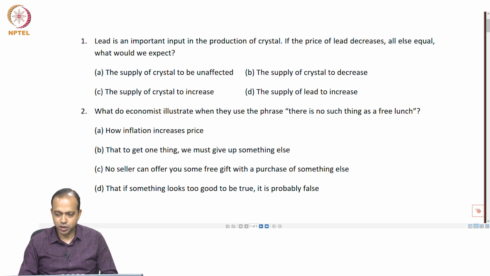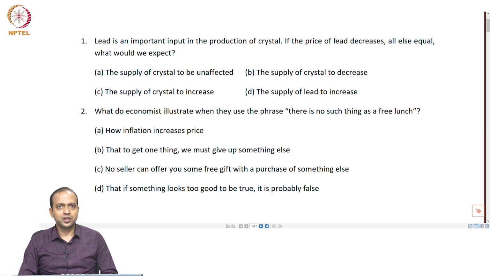The first option is the supply of crystal to be unaffected. Naturally, you can understand, when the input price decreases, the supply of the end product cannot be unaffected, right? Something will happen to that final product, either it will increase or decrease. What will happen? That we have to find out. The supply of crystal to decrease.